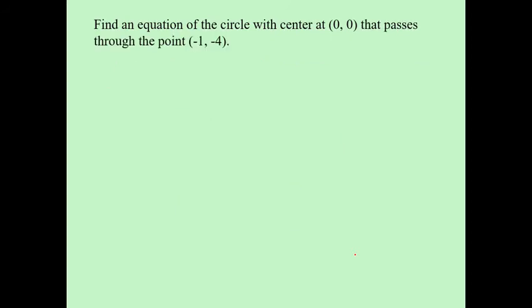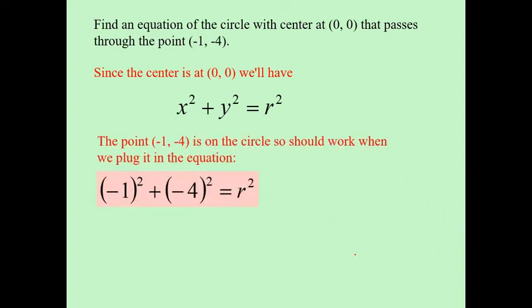Find an equation of the circle with a center at 0, 0 that passes through the point -1, -4. Since the center is at 0, 0, we have this equation here. X squared plus y squared is going to equal r squared. Now we have to find what is our r squared. So we're going to plug in our x and y value.